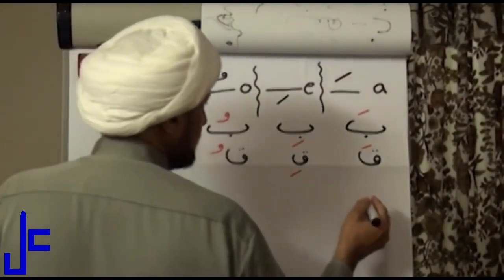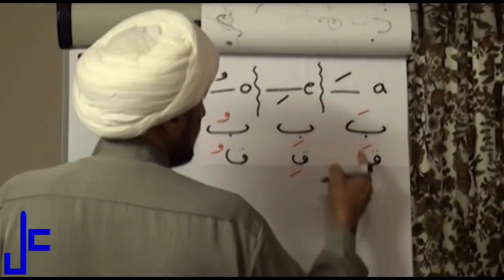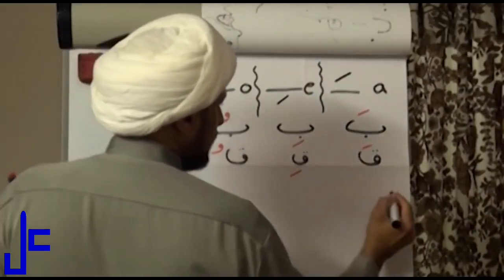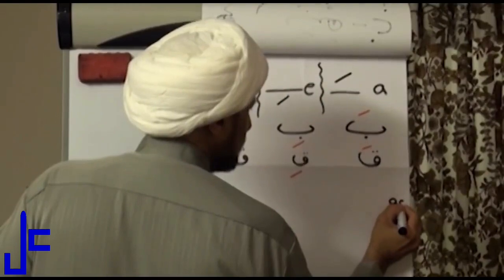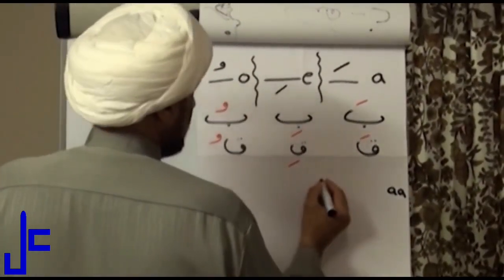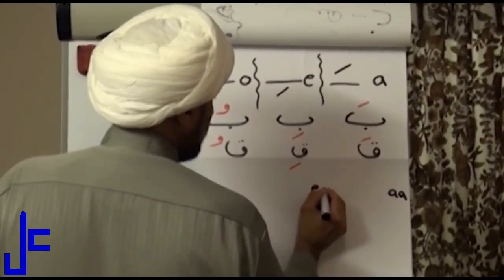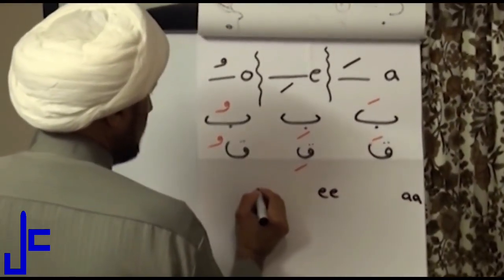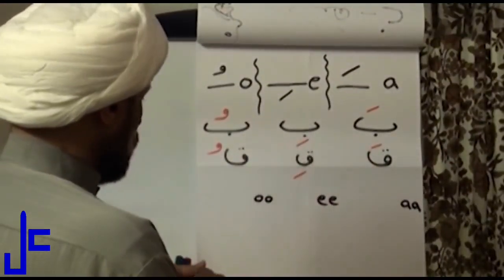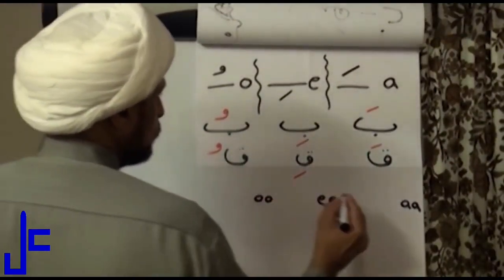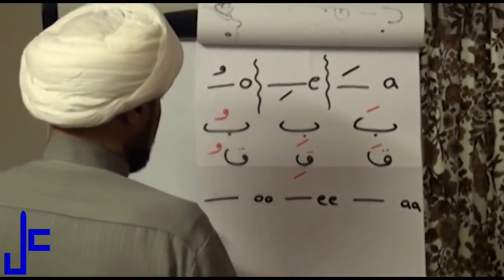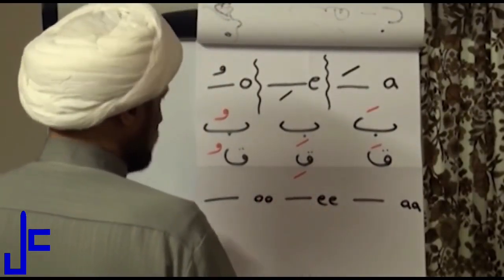Remember both letters, if we want to connect them, we have to cut the tail. Now before that, the long vowel A is like two A's, aa. The long vowel E is like ee. And the long vowel O is like oo. Again, we have the sign above the letter and below the letter.